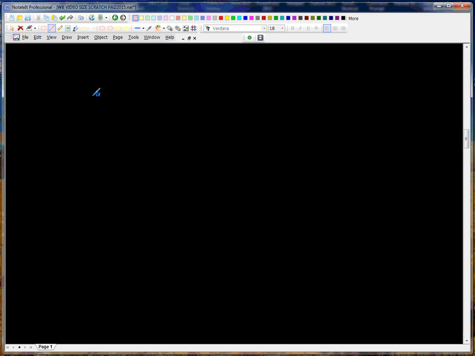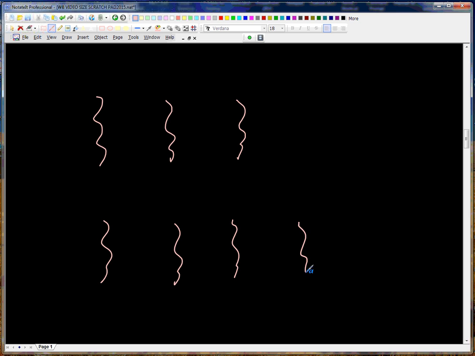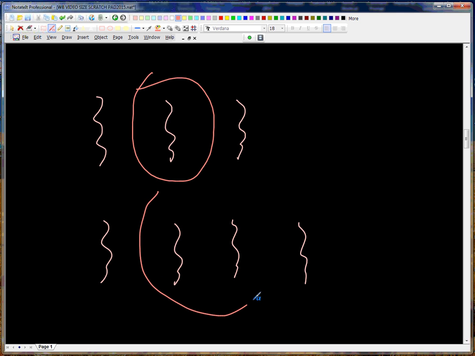Let's say this is the original design again. 3 windings. And then we're going to have this one. All we're going to do is change what we do right here. We're going to replace it with this.